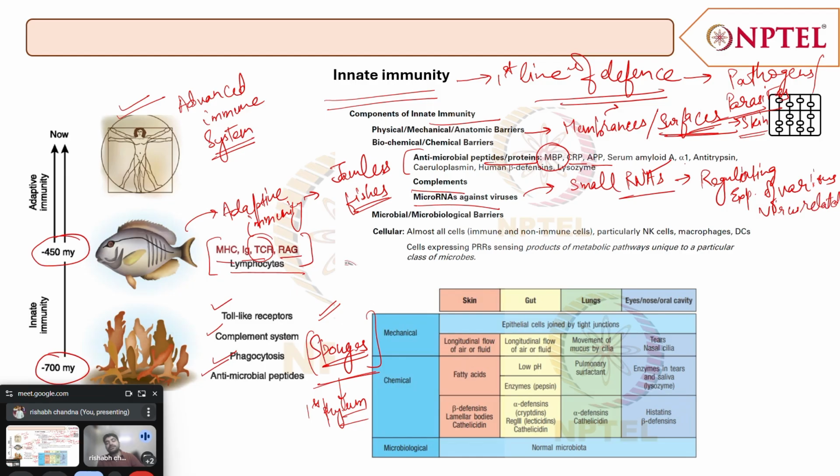So the basic idea is if the replication or translation expression proteins are not produced by the human body for the viruses, then the viral replication will not take place, and hence it will not be able to divide itself in the body. Then we have the microbial or microbiological barriers.